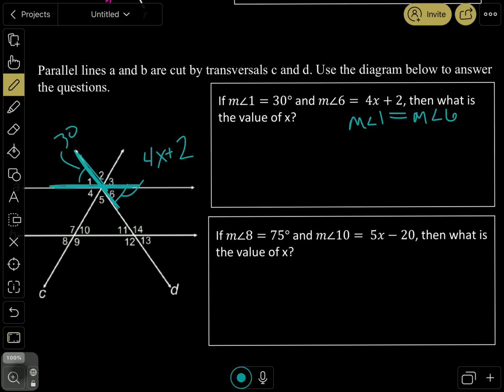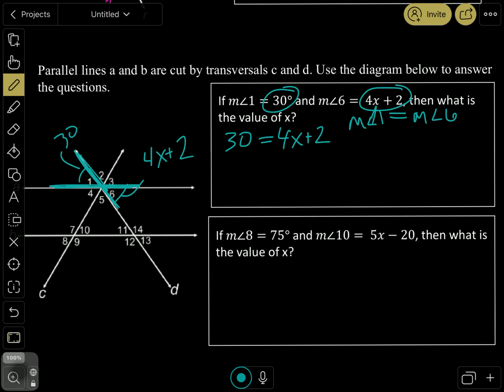Now, taking what I know here and plugging in things that are more useful to me is going to give me the equation that I am going to use to solve for x. I know that 30 has to equal 4x plus 2 because these two angles are vertical. They are congruent every single time.